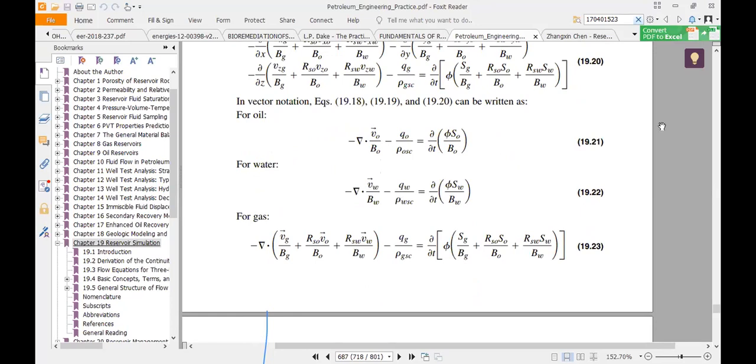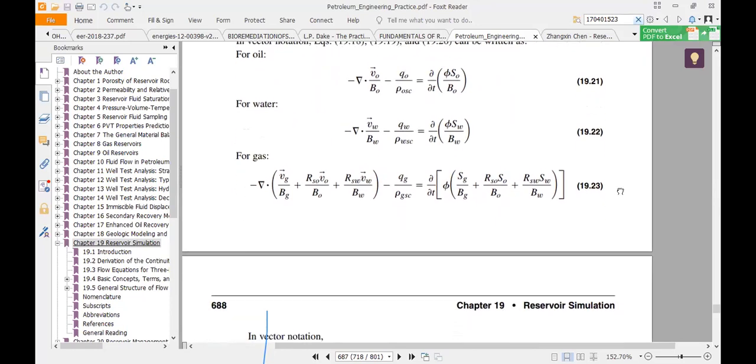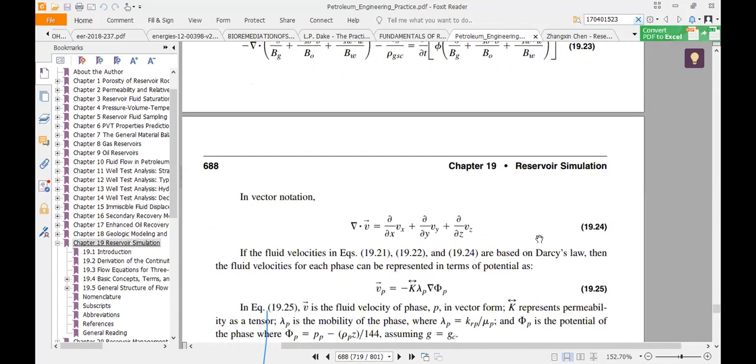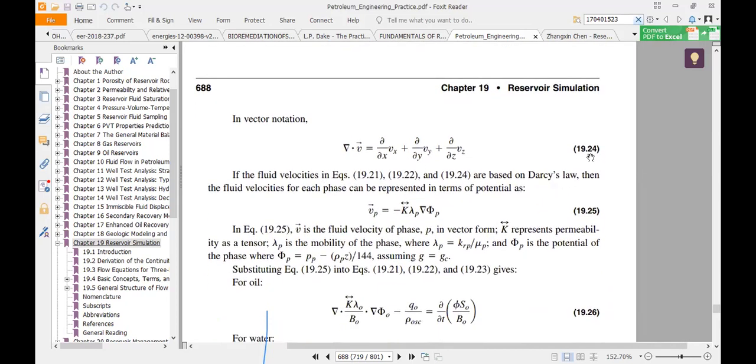Okay. So equations 19.21, 19.22, and 19.23 are those equations, but now written in vector notation. So bringing it in differential form, and then in vector notation, they are simplified as what you have in equation 19.24.